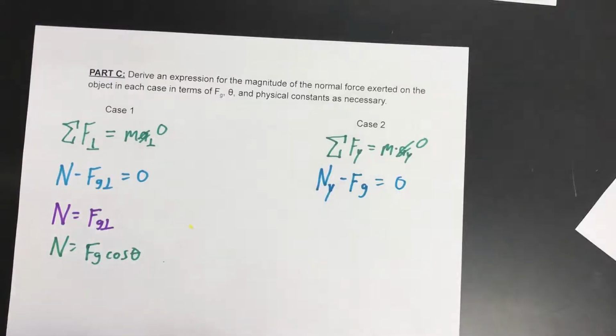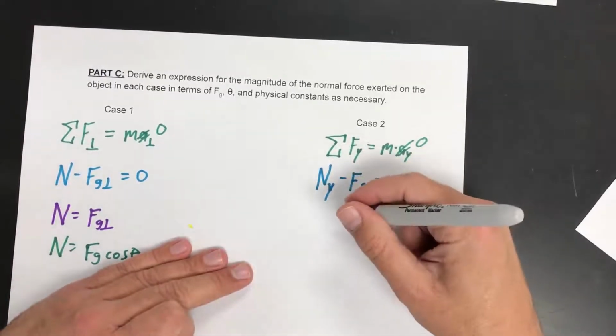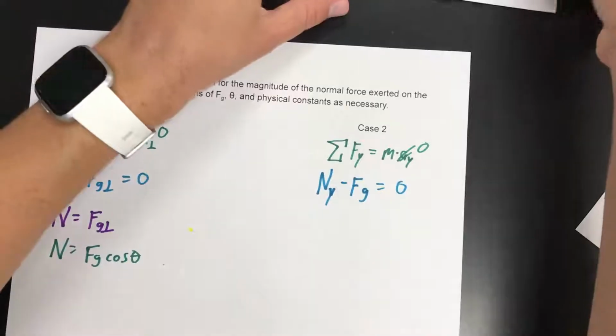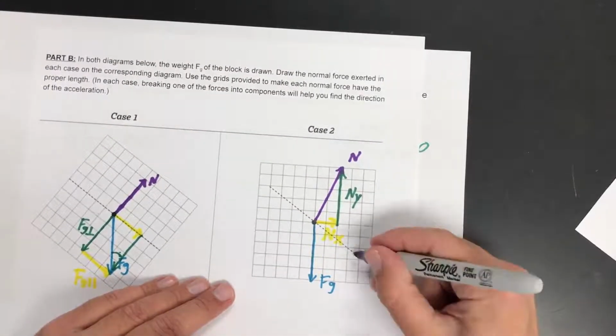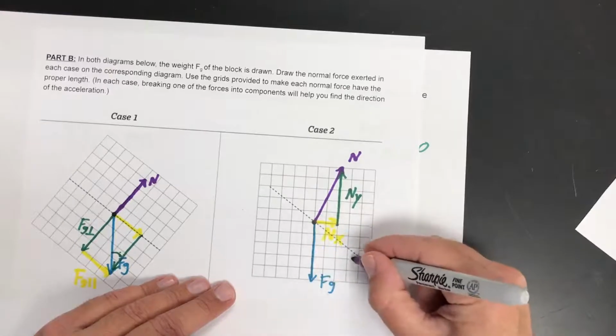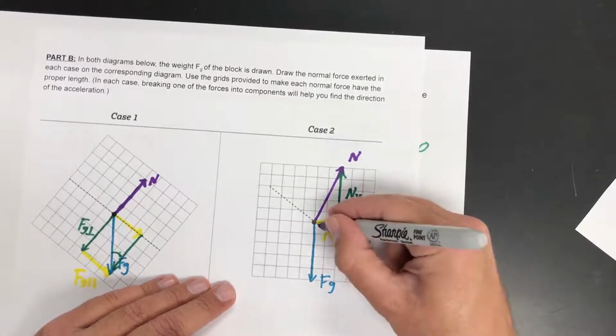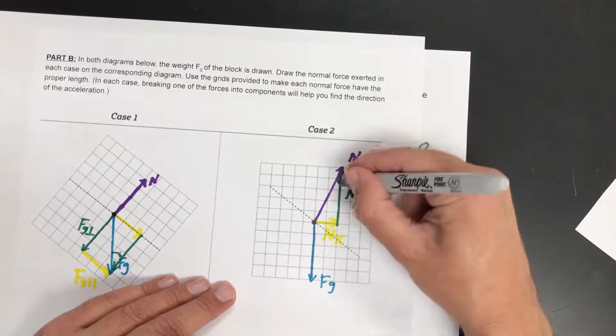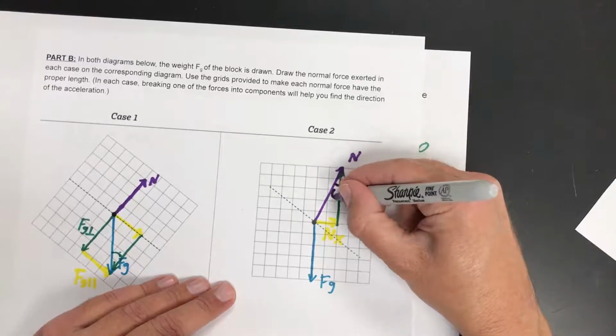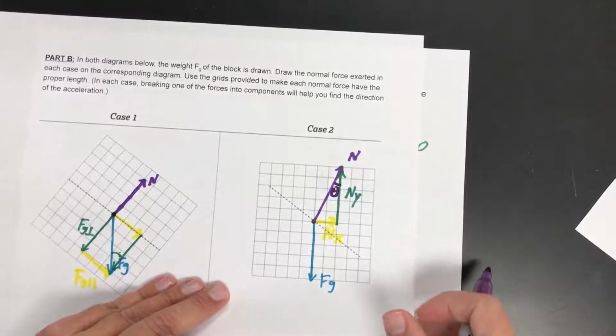So next line here, normal in the y will be equal to, so again we've got to do some geometry here. If this is our angle theta here, then this would be the complement to that, and then this would be the complement to that, so back to theta, and this would be the complement of that, so this would be back to theta right there.